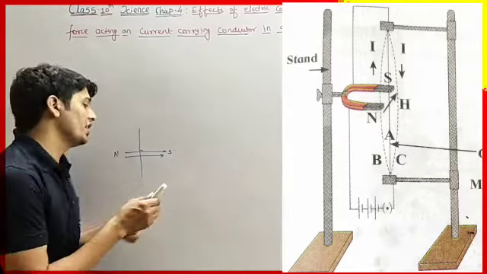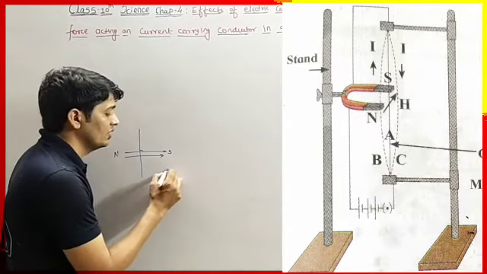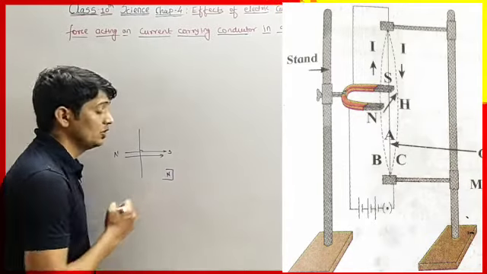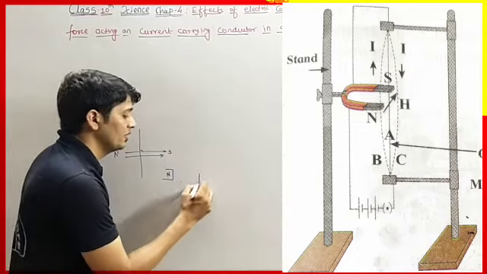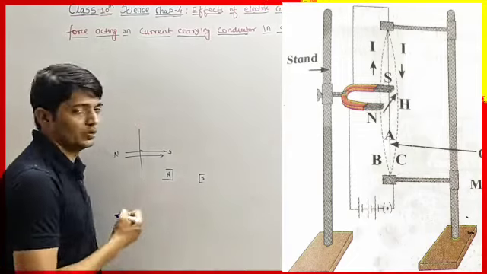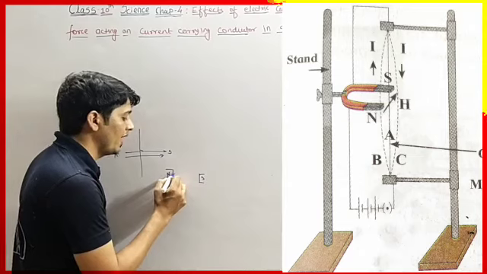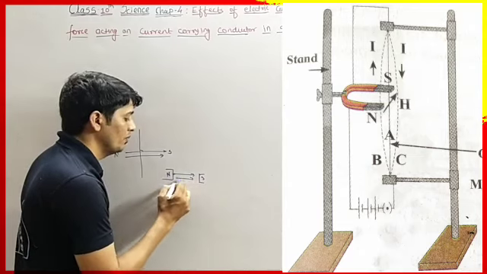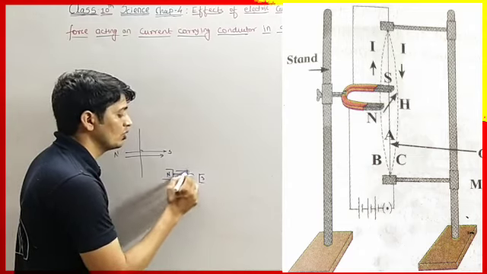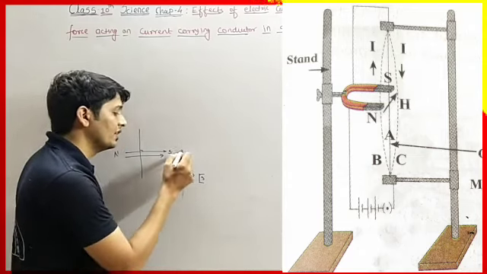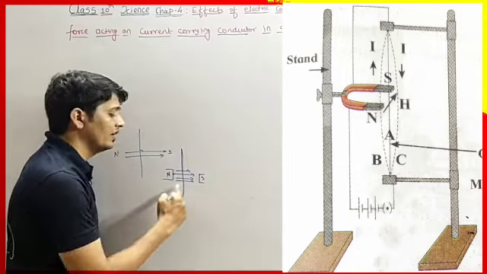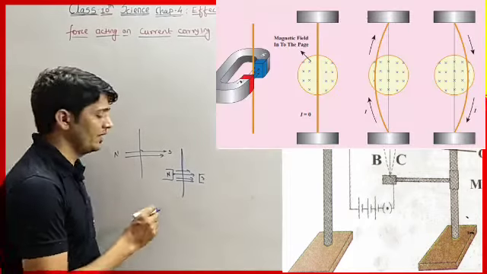Okay, so if you see, this is the magnet with the north pole and this is the magnet with the south pole. It is the horseshoe magnet and the magnetic field acts from north to south pole, and here the conductor is placed and current is flowing through it.